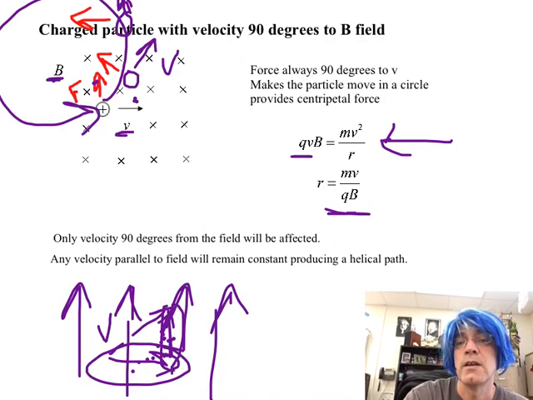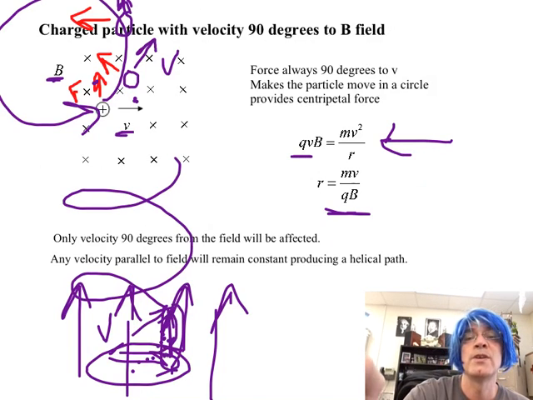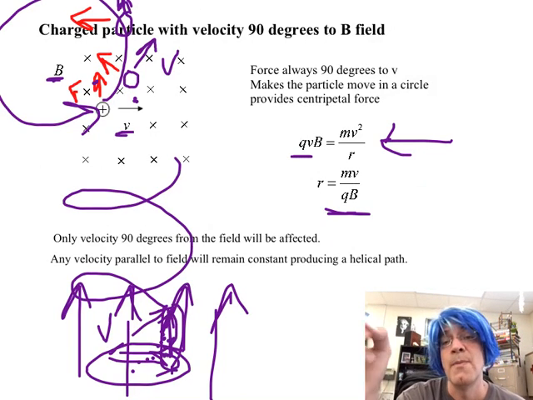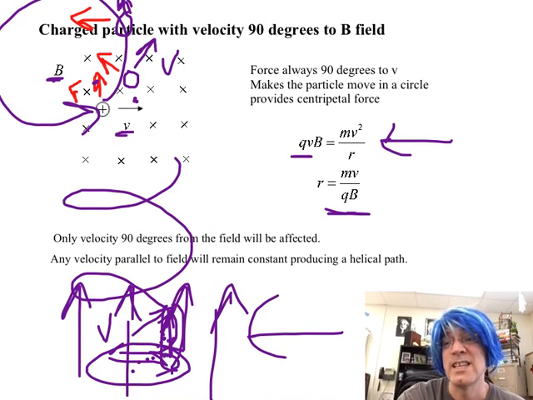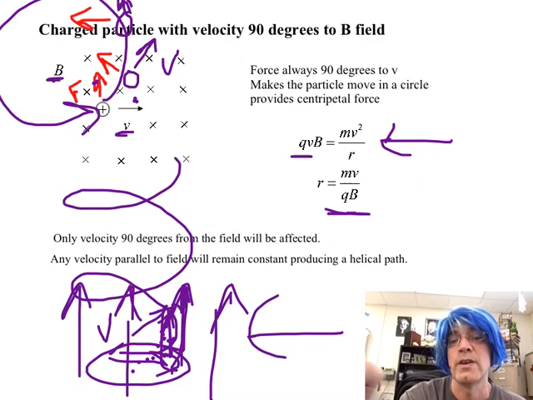Why is it not drawing? And what happens is it makes a helix going upwards while it's making a circle. Maybe I'll be able to make a better picture for that in class. Always a helix if some of it is not at 90 degrees, because that part continues to go upwards while it's going in a circle.